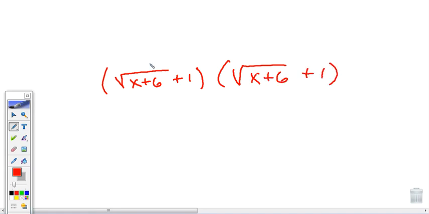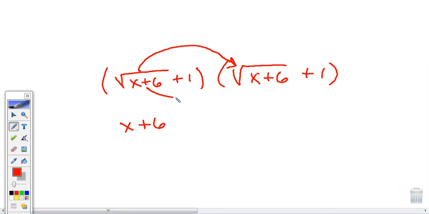Okay, first, this times this. Just going to be what? Okay, those two roots, it's just like root 5 times root 5. That'd be the square root of 25 or 5. So root 5 times root 5 is just 5. So if I have root x plus 6 times root x plus 6, it's just going to be what? Okay, now we'll do the outside and the inside together.